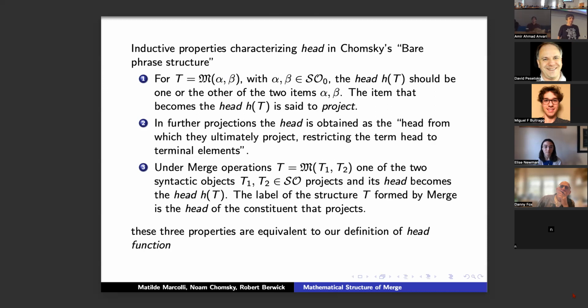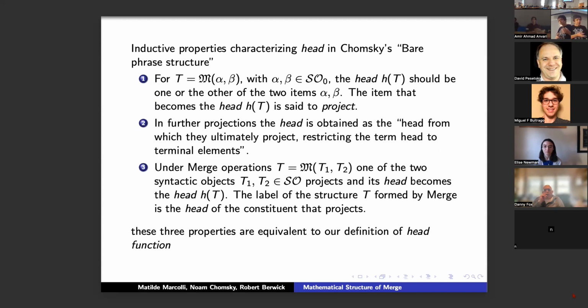He said, okay, if you have a tree that's just a cherry tree with two lexical items, then you say that the head function is either one or the other. And then you can do it inductively. So you say that the notion of the head is obtained by looking at projection and restricting to the element.